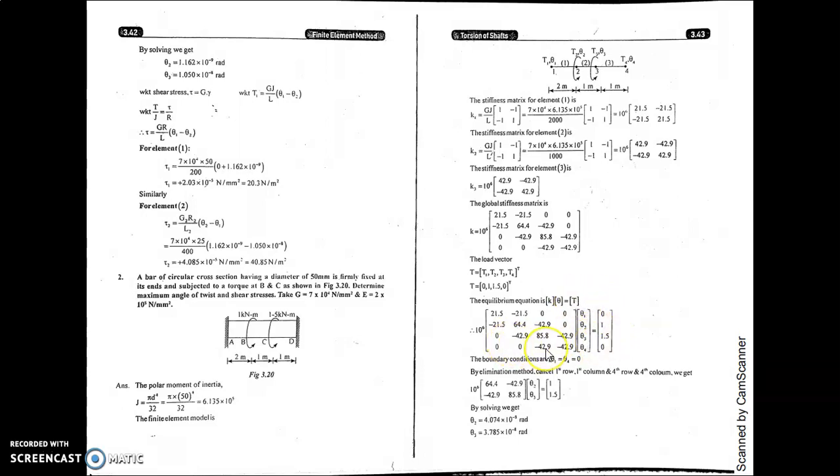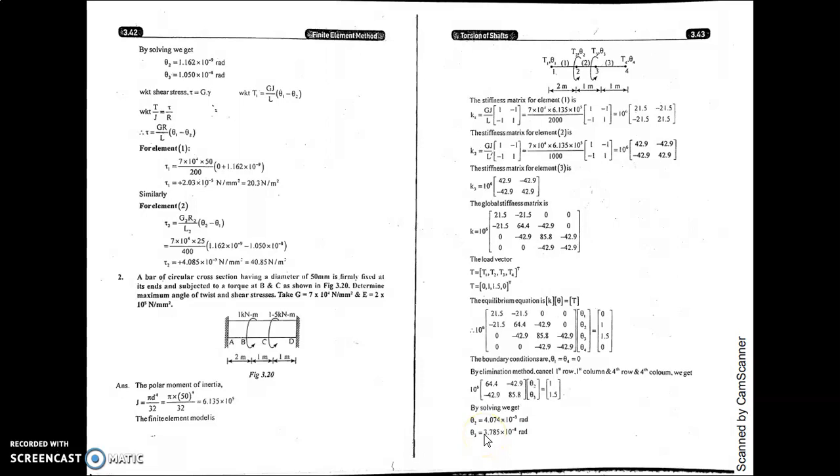Now apply the boundary condition. Which nodes are fixed? The 1st and 4th nodes are fixed, hence theta 1 equals theta 4 equals 0. Only find theta 2 as well as theta 3. With the help of your calculator, 2 equations, 2 unknowns, you will get the values of theta 2 and theta 3.